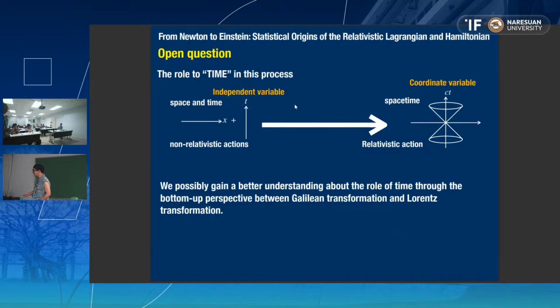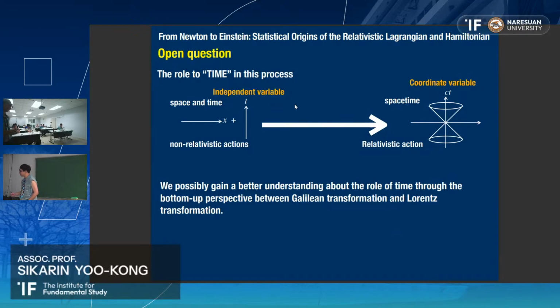But I believe that if we could construct the Lorentz transformation from the Galilean transformation through this kind of statistical average here, we might gain a better understanding of the role of time, because so far we don't have that process yet for how to construct the Lorentz transformation from the Galilean transformation. We don't have that one yet.